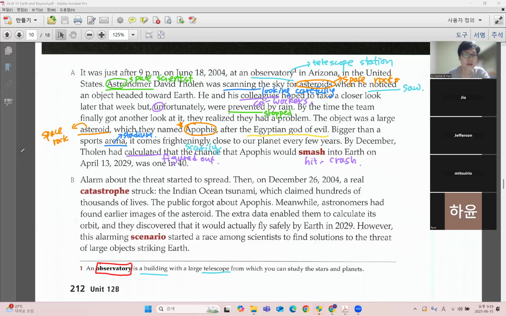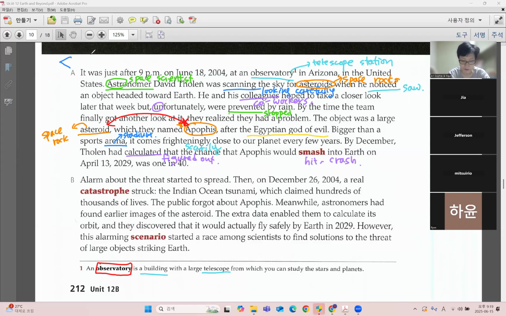Okay, it was 1 in 40. So what is this paragraph mostly about? It is about Apophis. What is Apophis? It's an asteroid. Okay, so now what is the title for this paragraph?